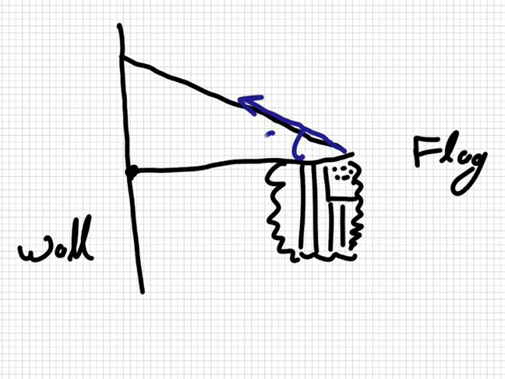So here's an angle here. Here's a force here. There's also another force. What force is pulling this pole down to the earth? The weight, the gravity, yeah. And then you have a force here as well, don't you?